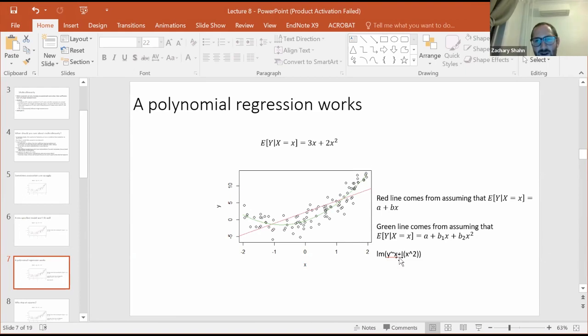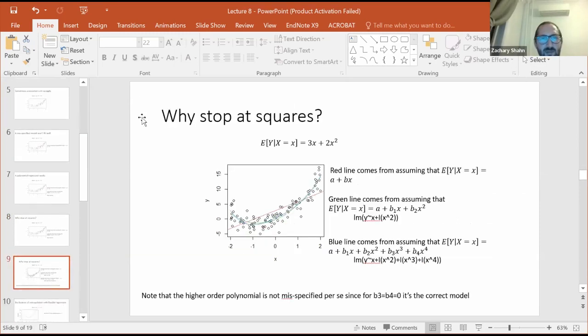And the way to do that in R is to do outcome y squiggly x plus I of x squared. If you want to create a new predictor that's like a function of another predictor that's in your data, you put it in I of x squared. That creates an x squared predictor. You don't have to stop at just squares. You could do very high order polynomials.